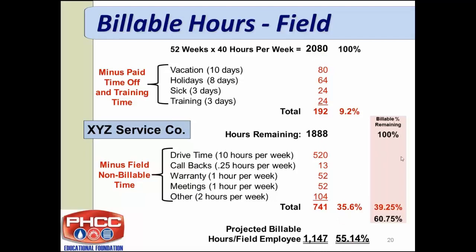And I'm going to bring your attention to this little red square on the right side. Of the hours that are remaining after we take out the vacation, holiday, sick, and training, if we say that this 1888 is 100% of the remaining billable time, then when you take out all this drive time, callbacks, warranty, meetings, and other information, that accounts for about 39% of that 1888.